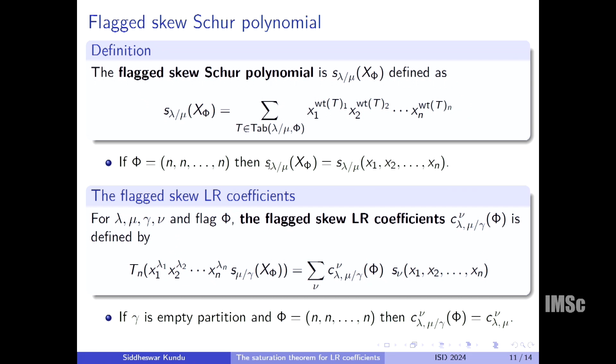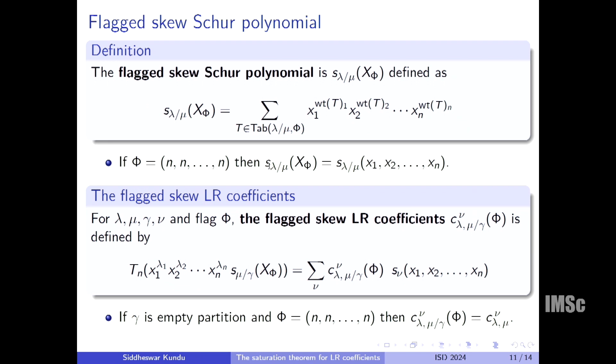Now define the flag skew LR coefficient. Given four partitions lambda, mu, gamma, nu and a flag phi, this flag skew LR coefficient is defined as follows. First consider the flag skew Schur polynomial S mu/gamma with flag phi. Then multiply it with the monomial x1^lambda 1, x2^lambda 2, ..., xn^lambda n.